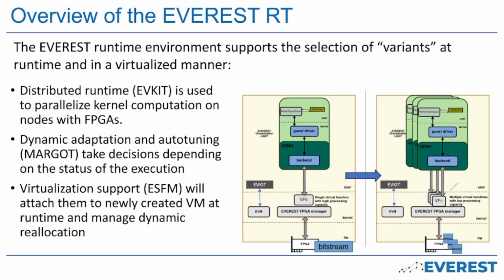But how does this happen? Actually, this happens thanks to three main components that I'm going to describe here briefly and that will later be described in more detail. The first one is EVKit, a distributed runtime library developed within the EVEREST project that distributes and load balances workloads supporting both CPU and FPGAs.